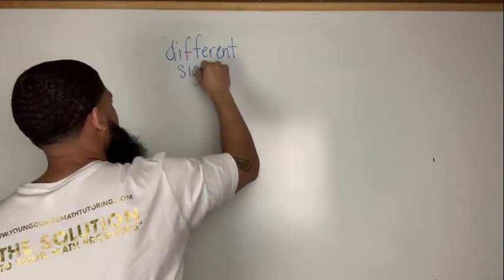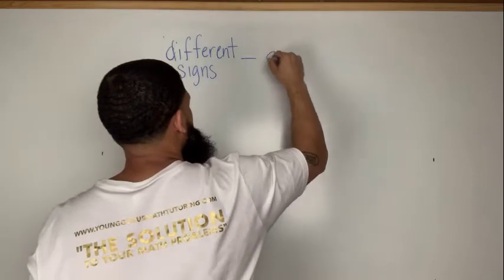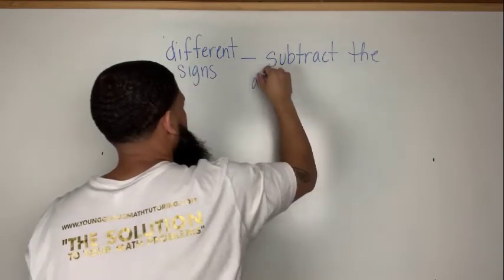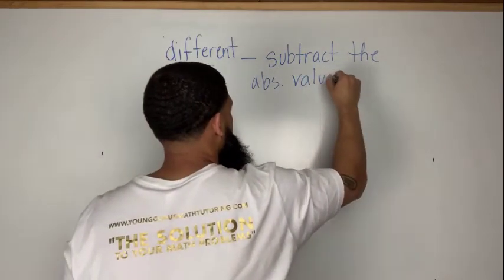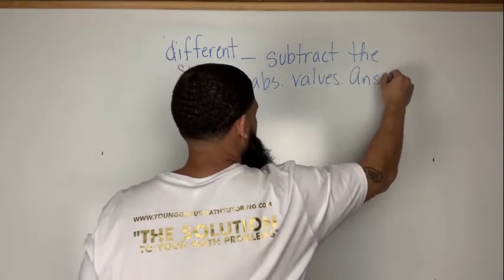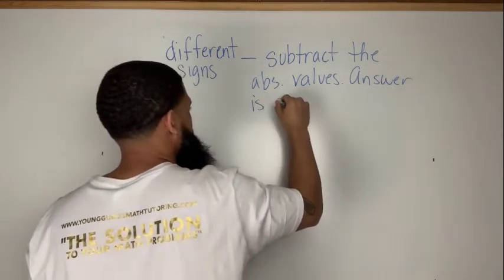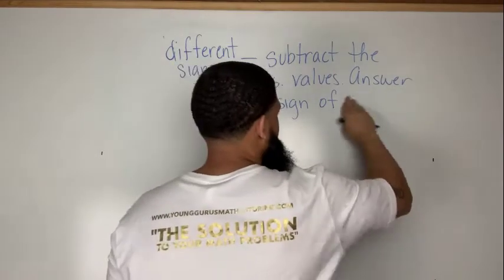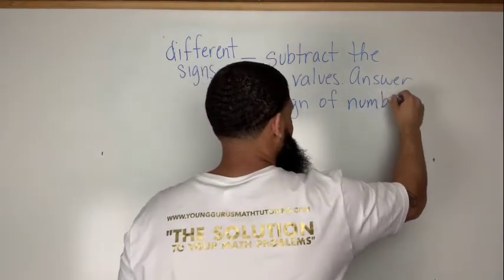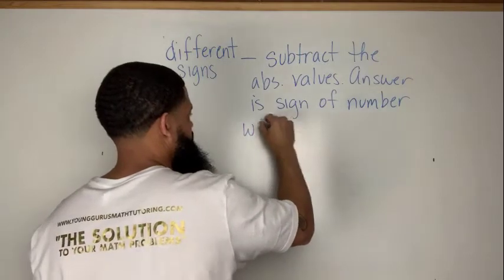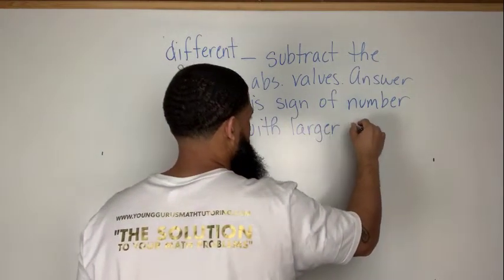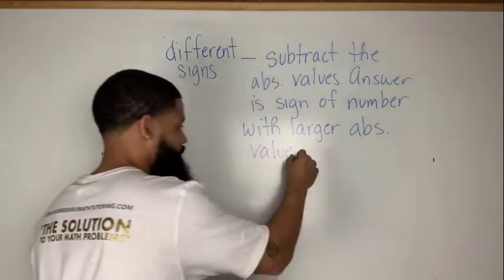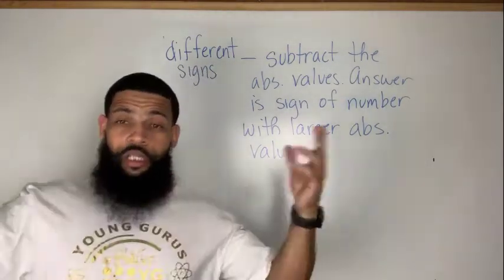So if they have different signs, I want to subtract the absolute values, and then the answer is the sign of the number with the larger absolute value.